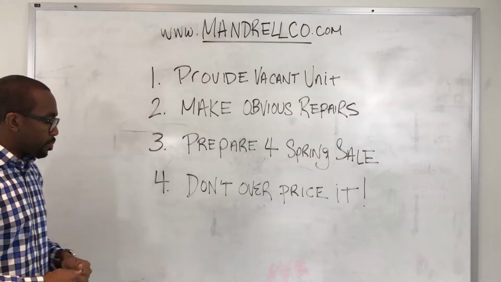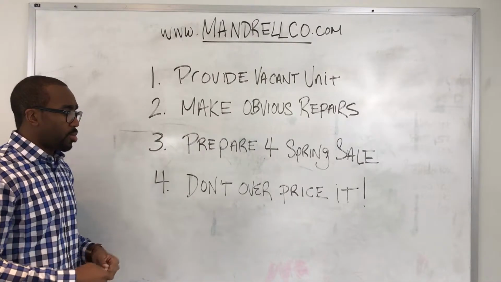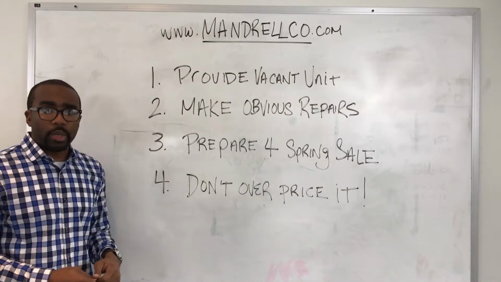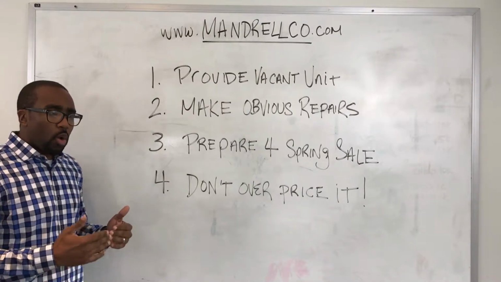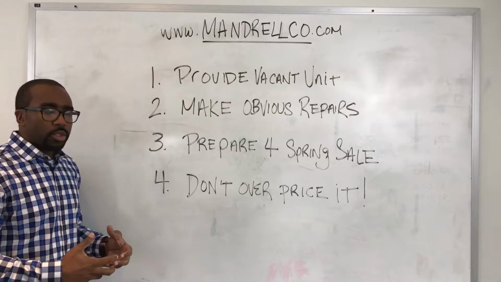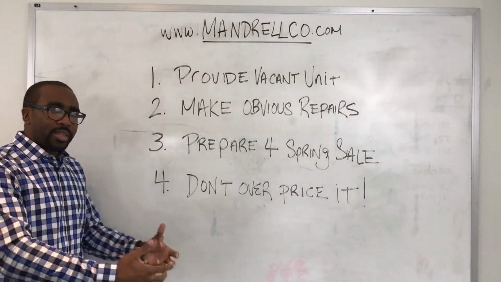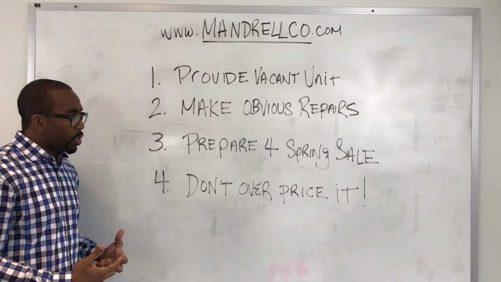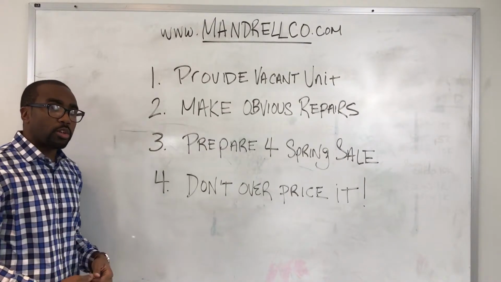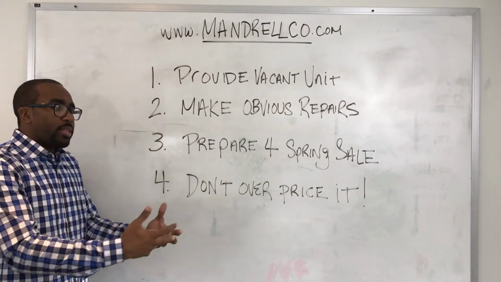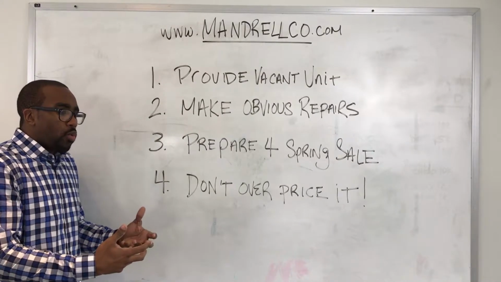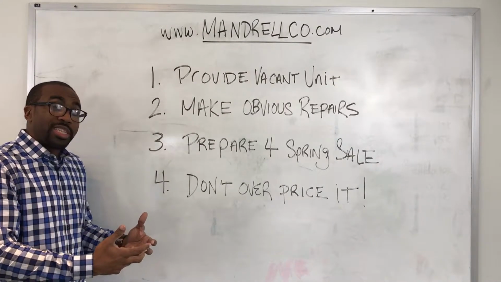And last but not least, overpricing your property. Don't overprice your property. Price it accordingly. Talk to your realtor, pull comparable sales, see what's going on in the neighborhood, and what makes sense for this particular property compared to other sales. When you overprice the property, what you'll end up with is potentially a stale listing.